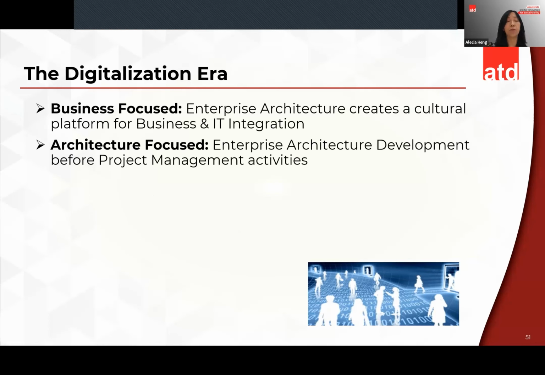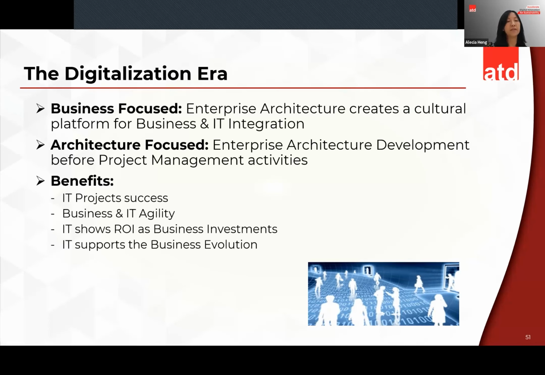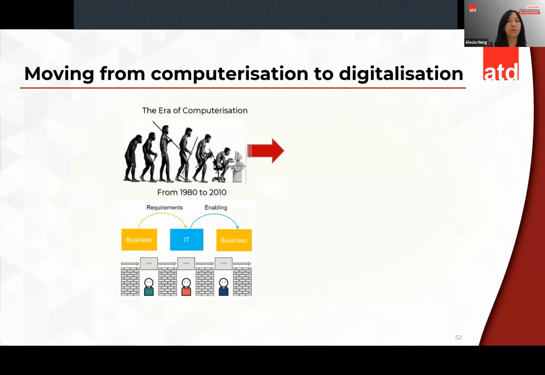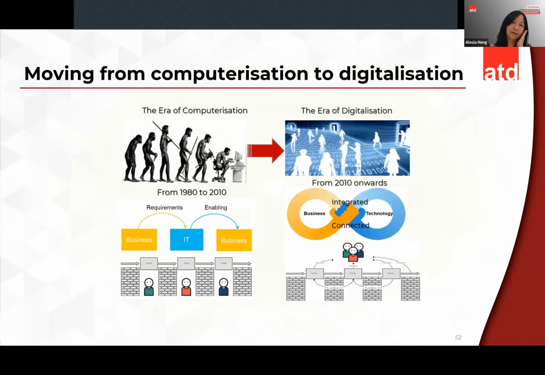We need to look into architecture before project management, and the benefit is better project success, more agile, and we are able to define the business investment for IT solution, right? So moving from computerization to digitization is that in the past, whenever we have a requirement, business will define it, right?